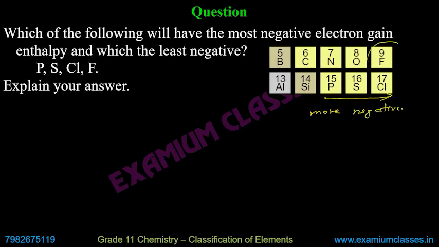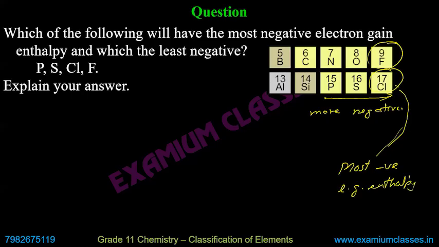And we know by the exception between fluorine and chlorine, chlorine has a more negative electron gain enthalpy than fluorine. So chlorine will have the most negative electron gain enthalpy. Otherwise, it would have been fluorine.